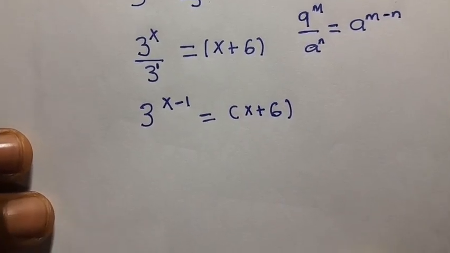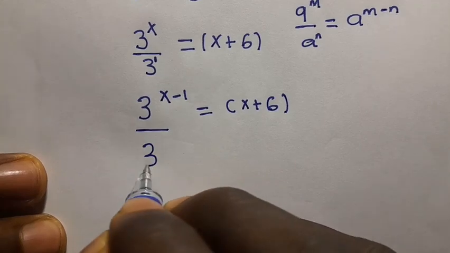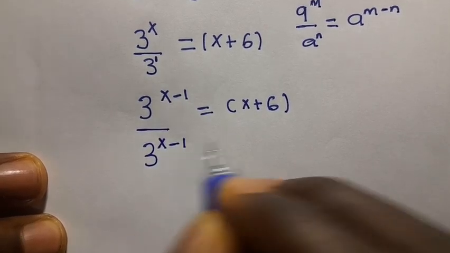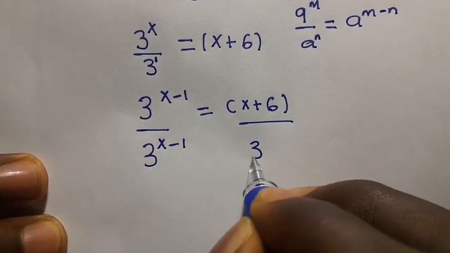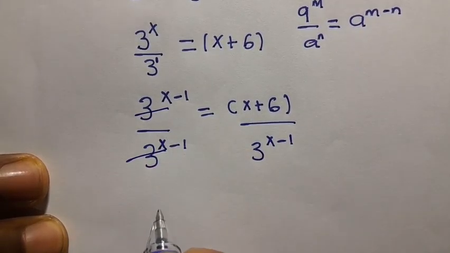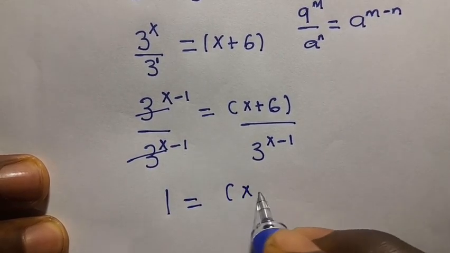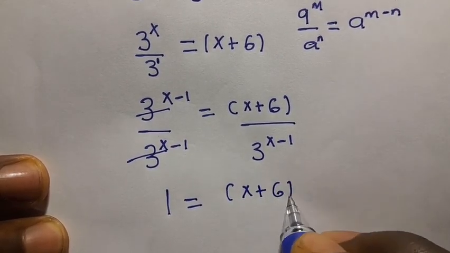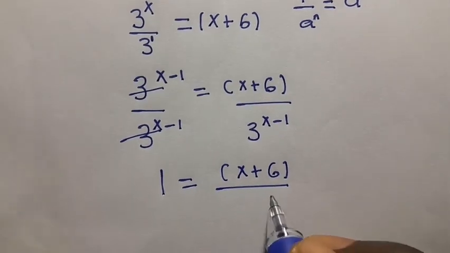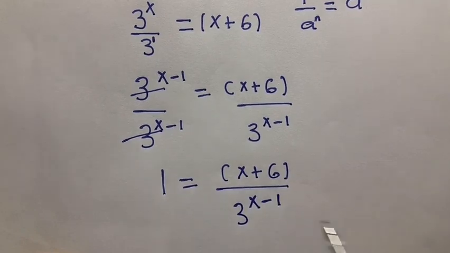Now the next thing we are going to do is divide both sides by 3 raised to power x minus 1, this will take away this. Then here we are going to have 1 equals x plus 6 divided by 3 raised to power x minus 1.